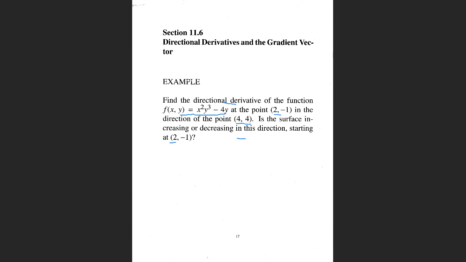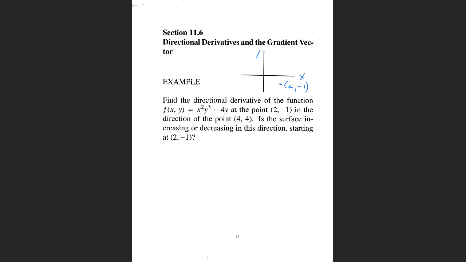Okay, so actually, hold on. I just thought about this. Let's try to get this. Here's (2, -1).